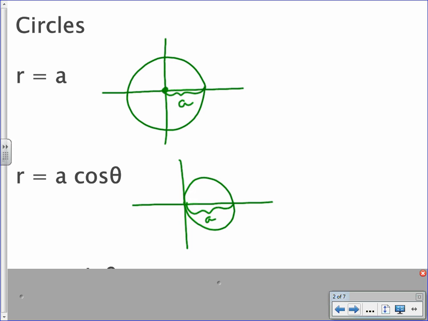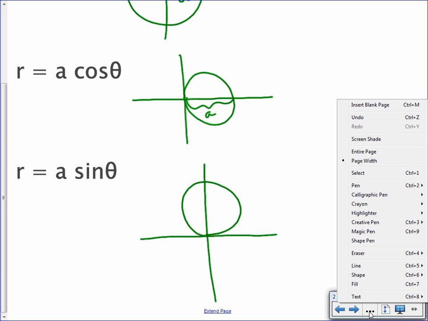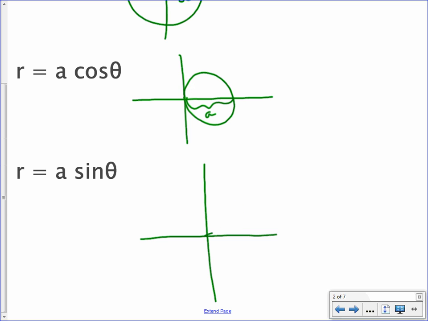So, pod 5, help us out. If we had R equals A sine theta, where does that circle go? And if A was negative? Okay, so here is A sine theta.